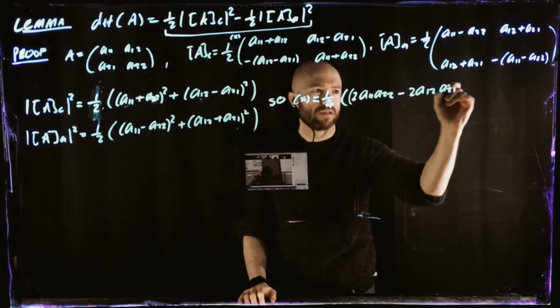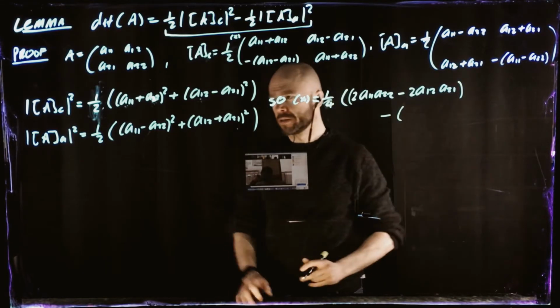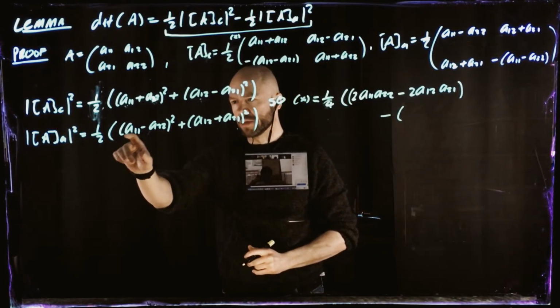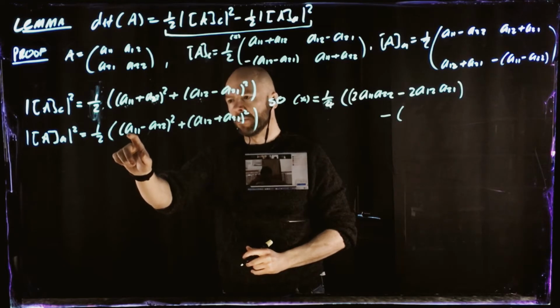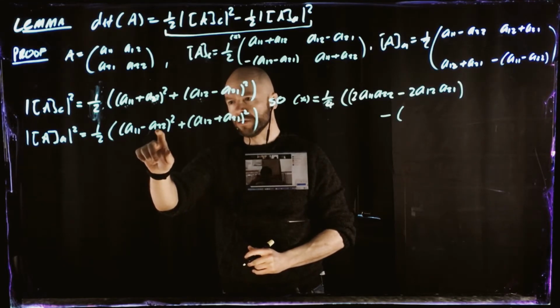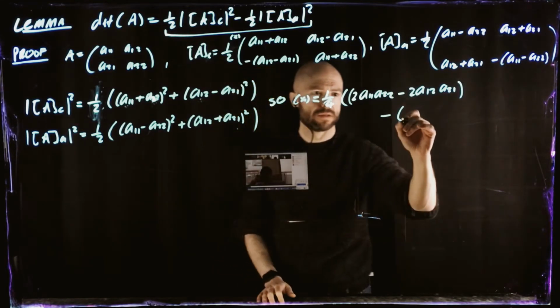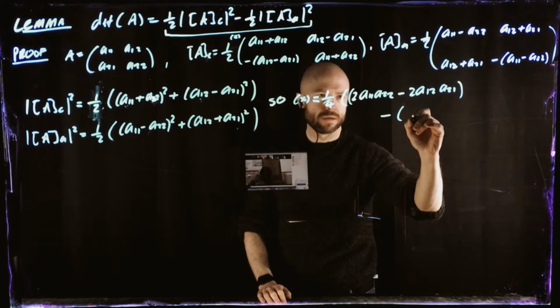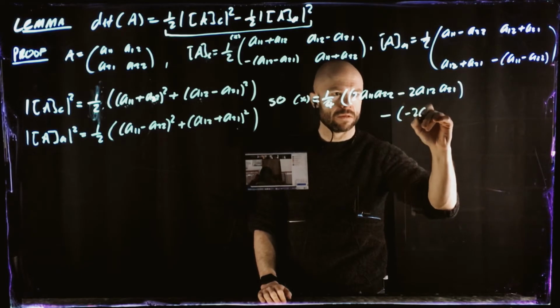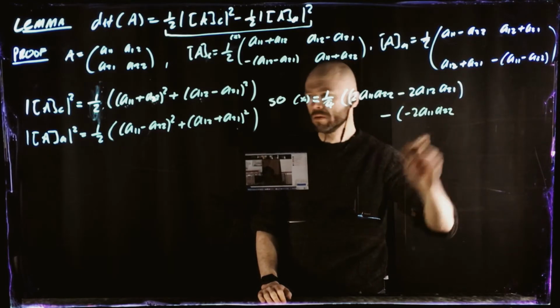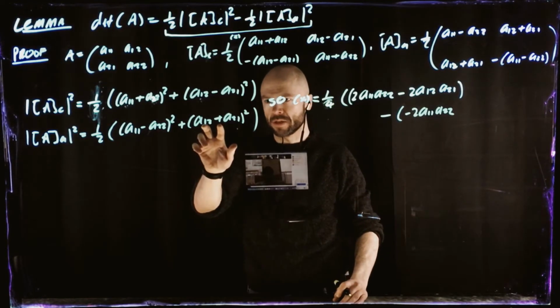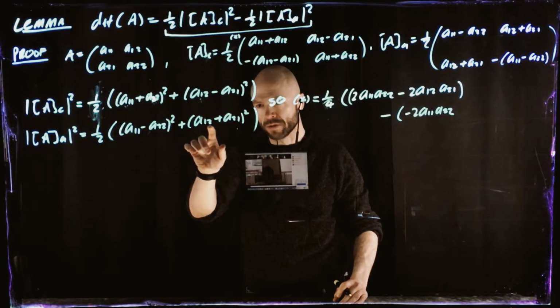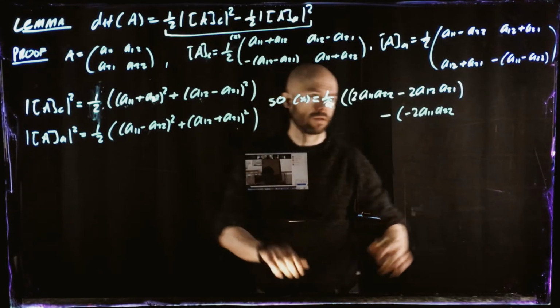Then minus the mixed terms here: minus 2 A11 A22, and then 2 times A12 times A21.